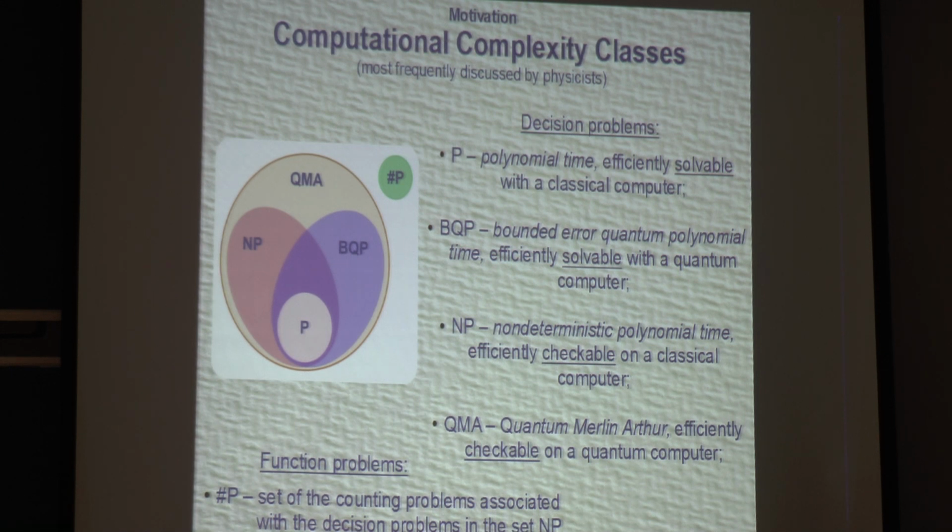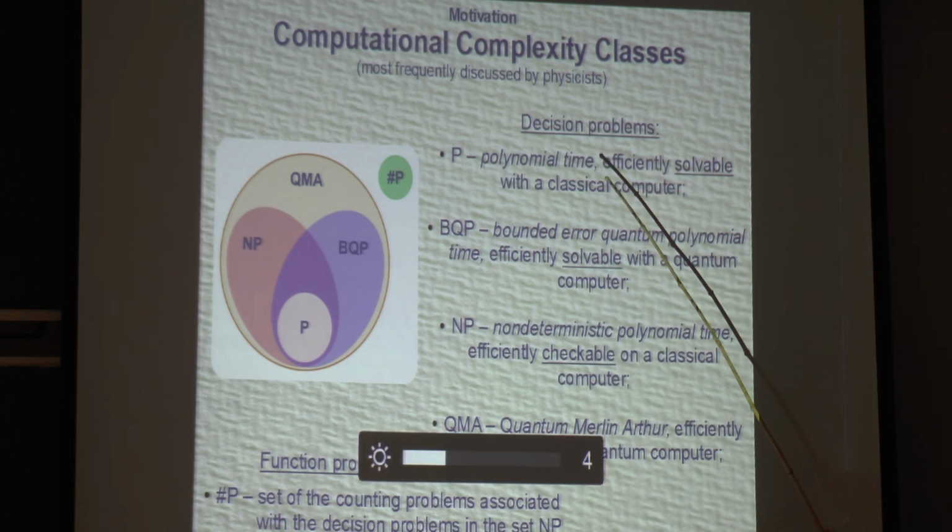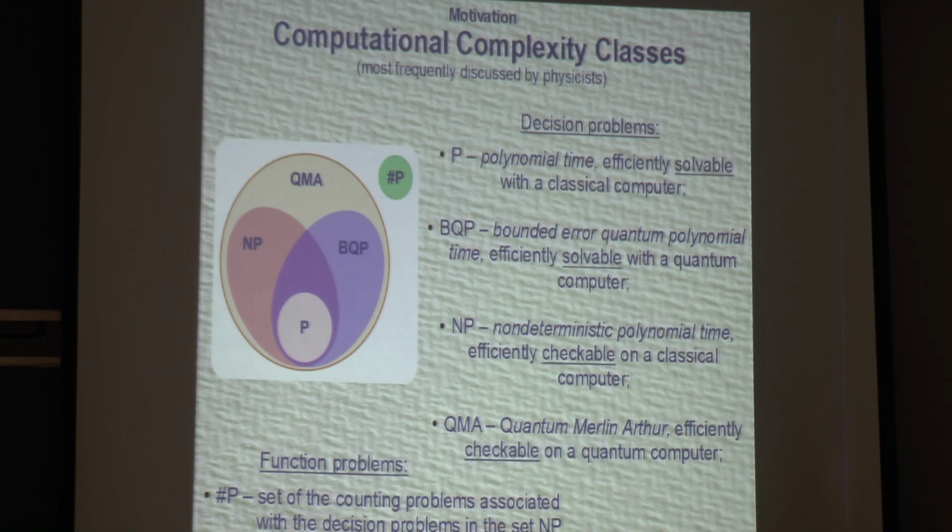Please note that although a problem formulated as a decision problem itself can be very simple and belong to class P, counting how many solutions there are might be very difficult, and then this problem, formulated as a function problem, belongs to the class #P.